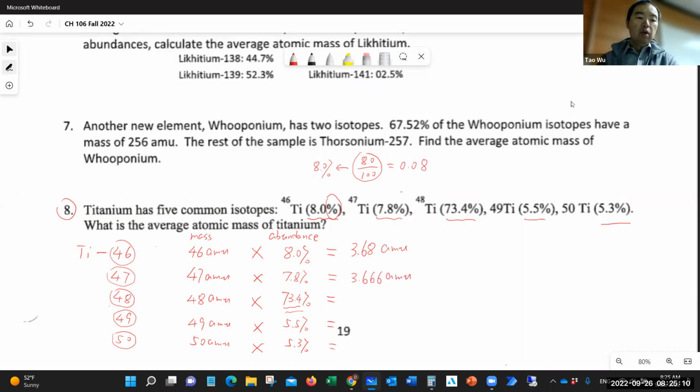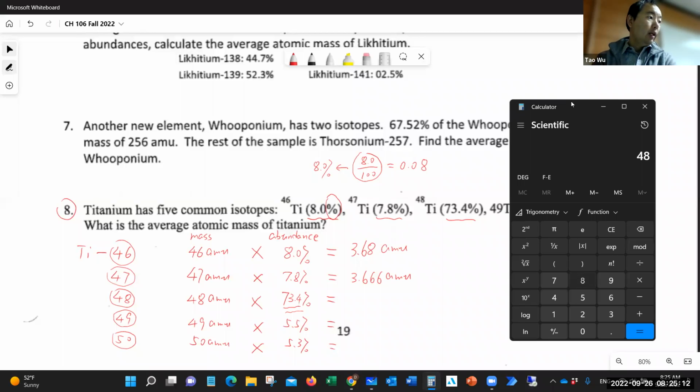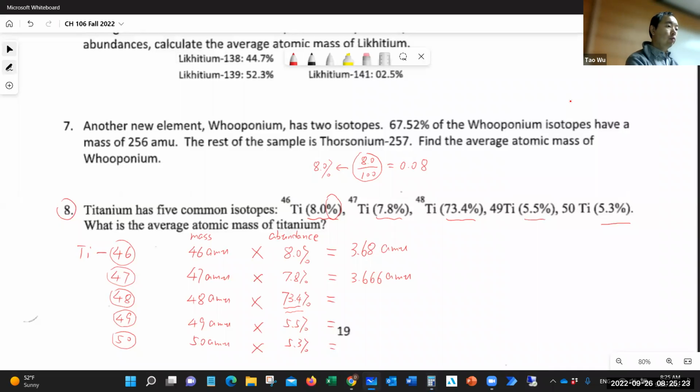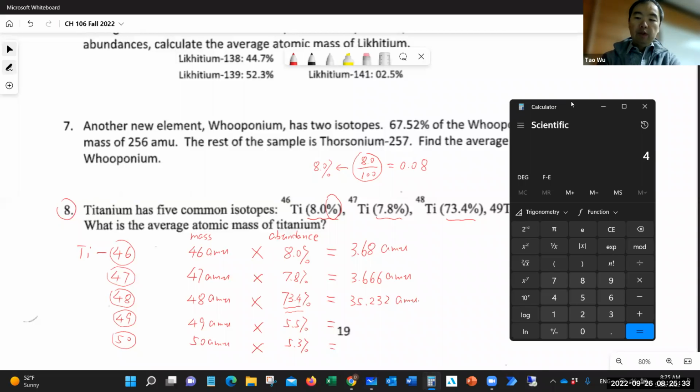Okay, the next one, 48 times 73.4 divided by 100. That is 35.232 AMU. The next one, 49 times 5.5 divided by 100.